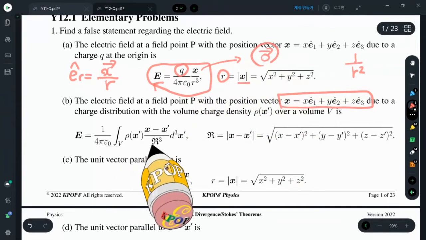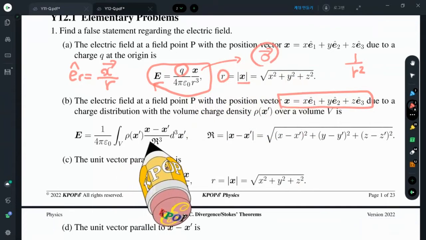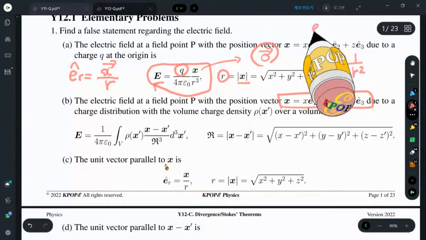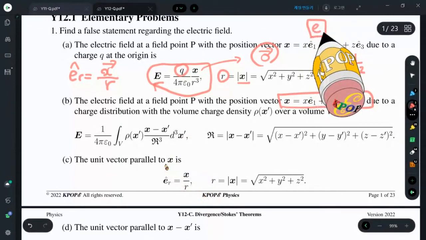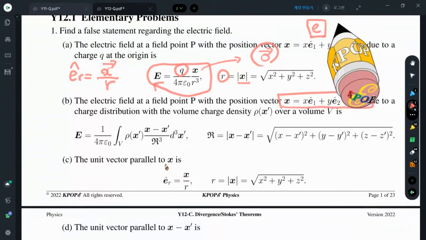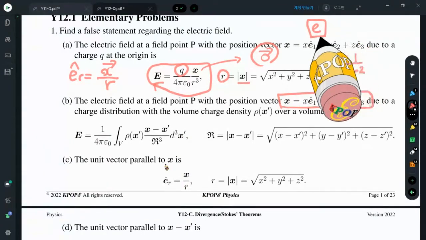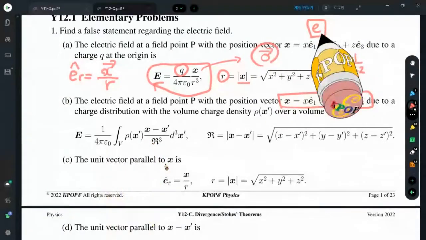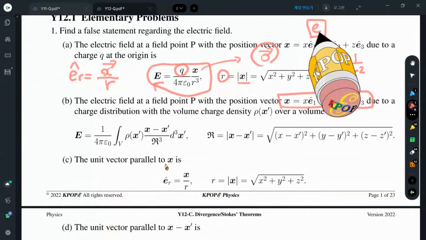Now, we have many charges, a continuous charge. Actually, there is no continuous charge because there is an elementary electric charge, that of the electron. So we cannot divide into many pieces, but for simplicity, we assume the integration is possible because it is very tiny already.